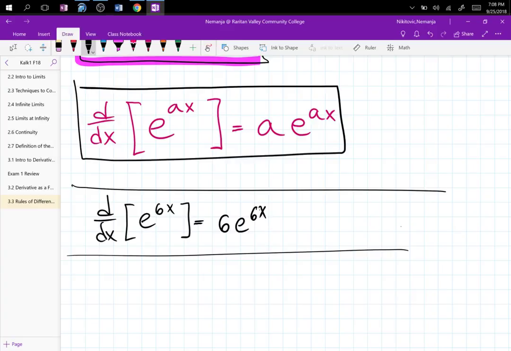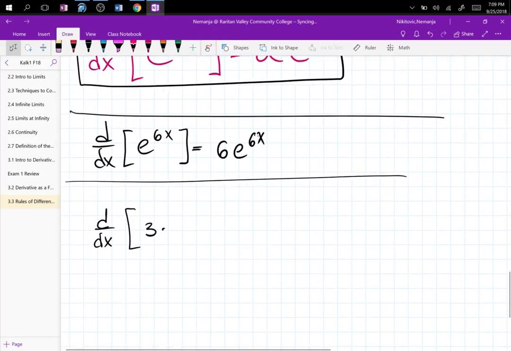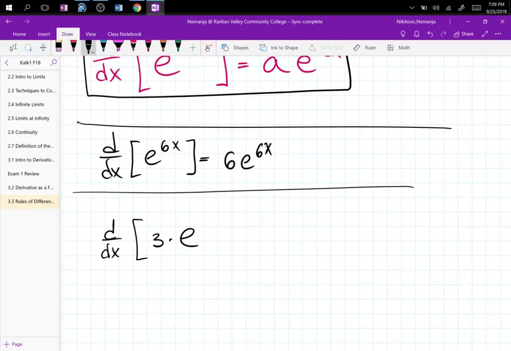How about the derivative of 3 times e to the 5?